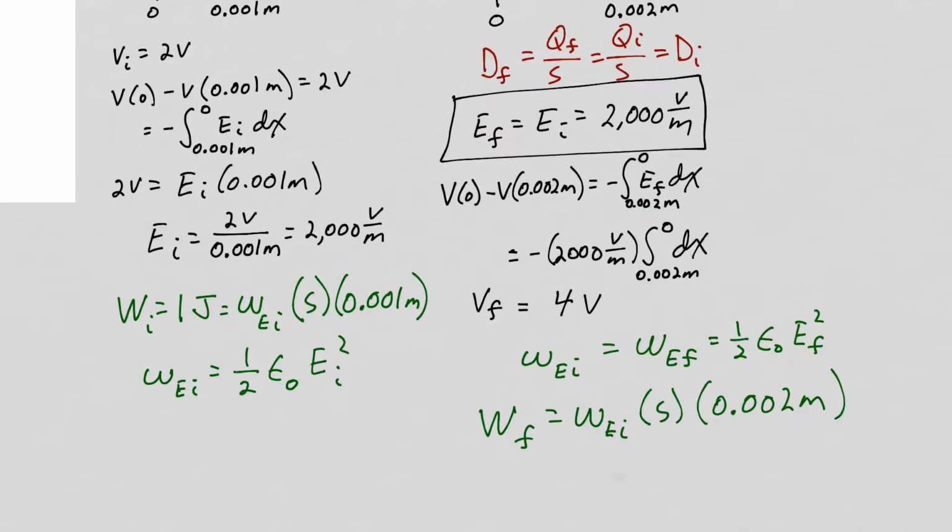Since the final and initial electric field intensities are the same, the final and initial energy densities are the same. Since the volume of the capacitor has doubled and the energy densities are the same, it means we now have twice the energy stored on the capacitor, or 2 joules.